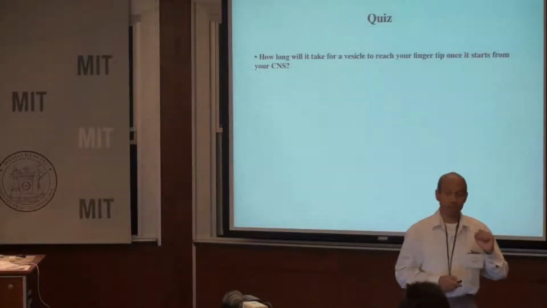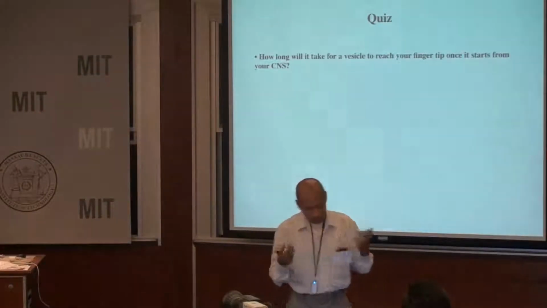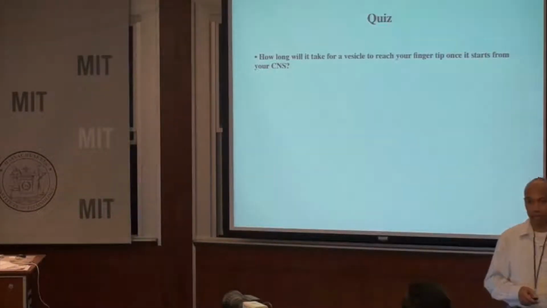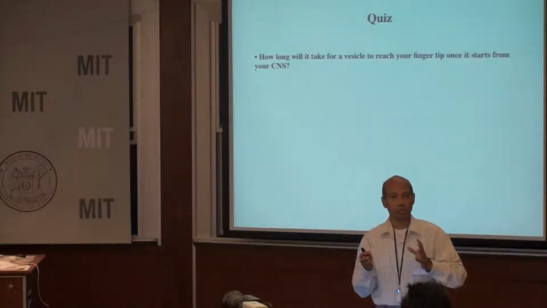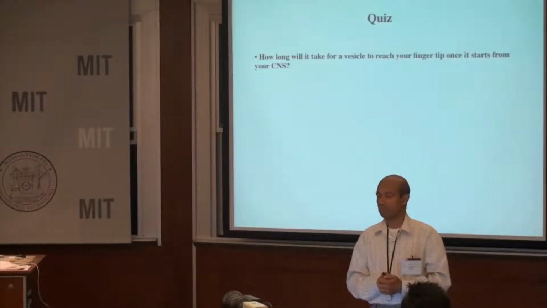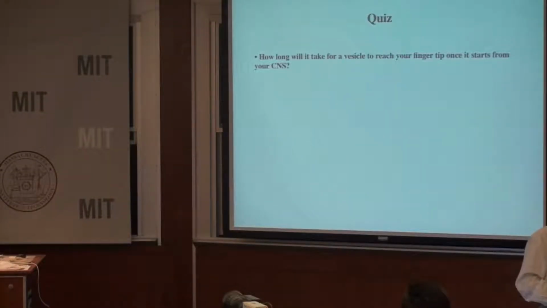If that's the case, then one can imagine how long it would take for the vesicles to reach all the way to the end. So what theory would you use to estimate this, just based on diffusion? Fick's law and some diffusion constant, right?